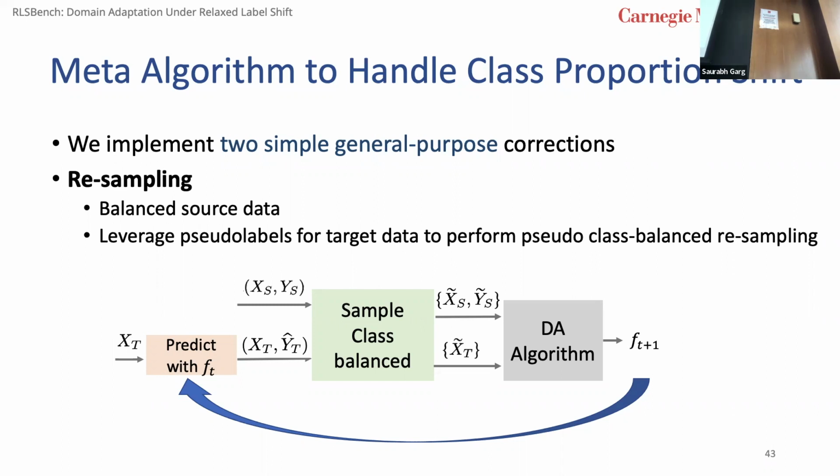FixMatch takes in your inputs and only overfits to those pseudo labels that have confidence greater than some fixed predefined threshold. So that will automatically be handled by your DA algorithm. What we are trying to say here is that this is a baseline correction, and we want to see how it performs. We can improve on top of this baseline correction by restricting how we rebalance the data set, but this is one correction to start with.